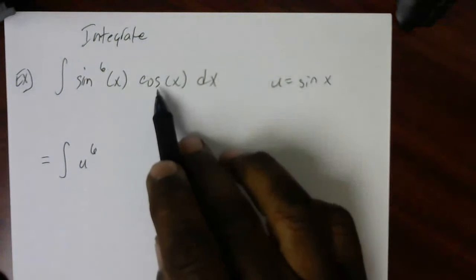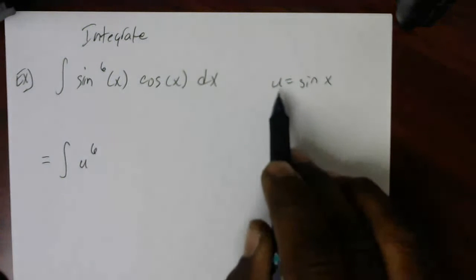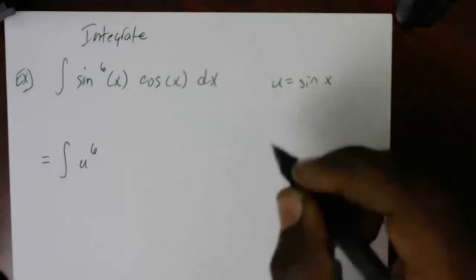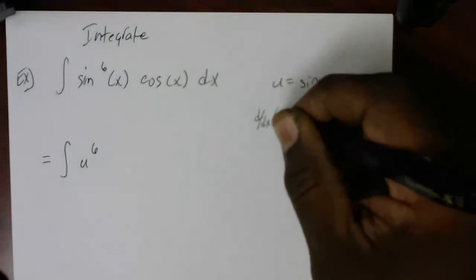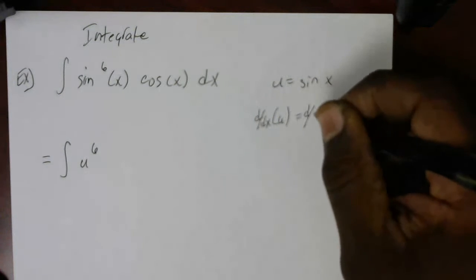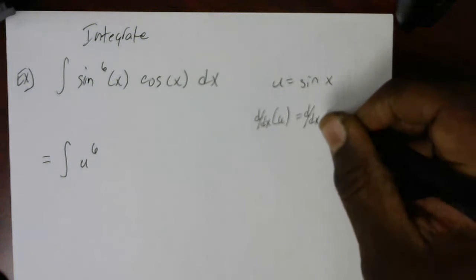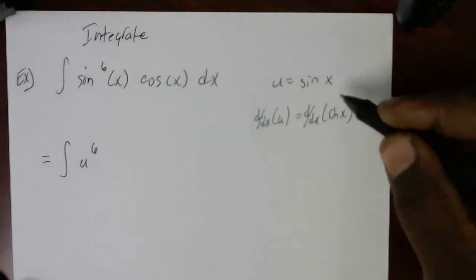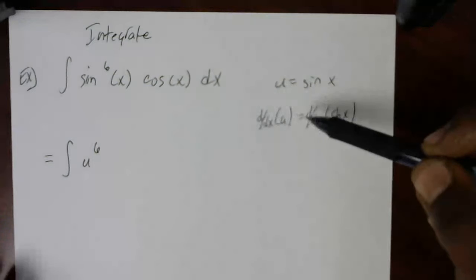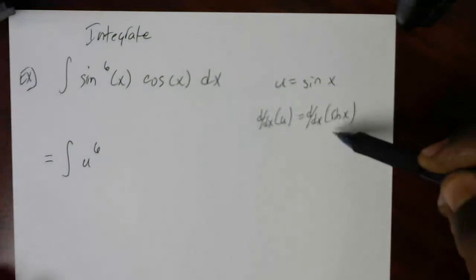In order to substitute out cosine x dx, I'm going to take the derivative of my substitution equation with respect to x for both sides. This is where the integral and derivative sheet come into play.